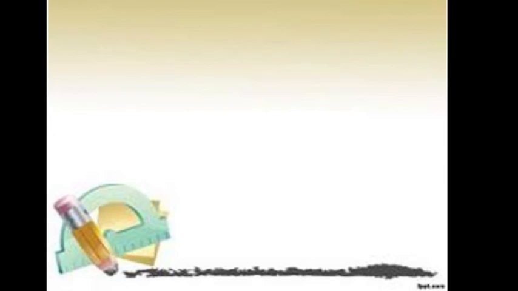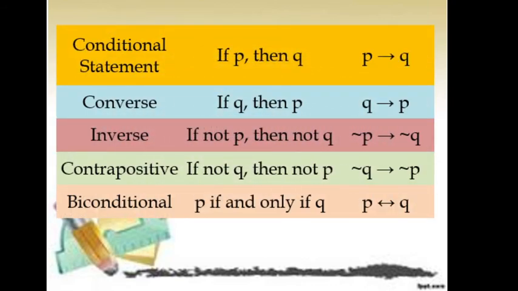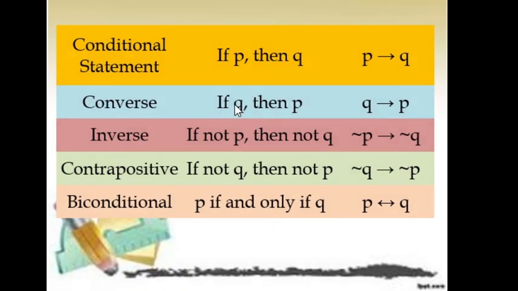Okay, so now, let us summarize what we have learned about the different kinds of statements. So, again, meron tayong conditional statement. So, dito sa conditional statement, we have if P, then Q, where P is the hypothesis and Q is the conclusion. The converse statement, if Q, then P. So, dito, pinagbaligtad lang natin yung hypothesis and conclusion ng ating conditional statement.